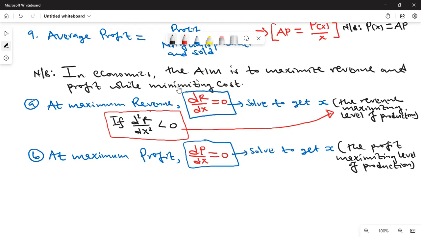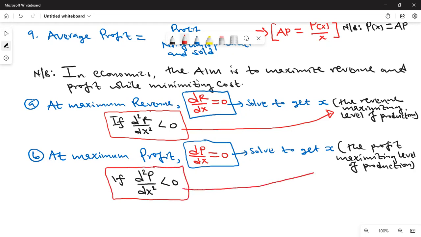And for you to know that it is the profit maximizing level of production, you must test whether d squared P dx squared is a value less than 0. If that is the case, then it means that the value of x that you have found will give you the maximum profit.